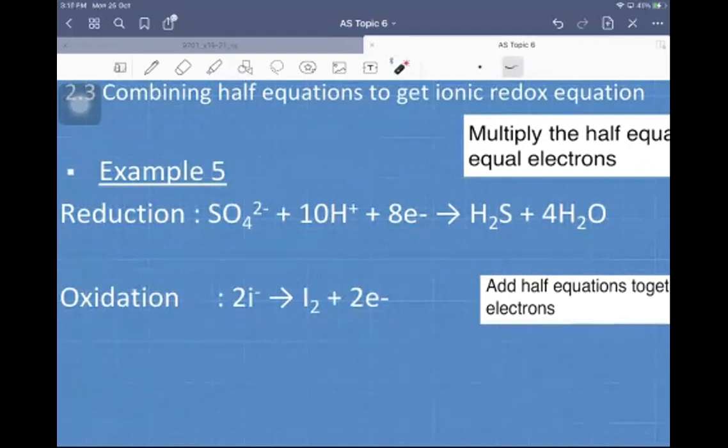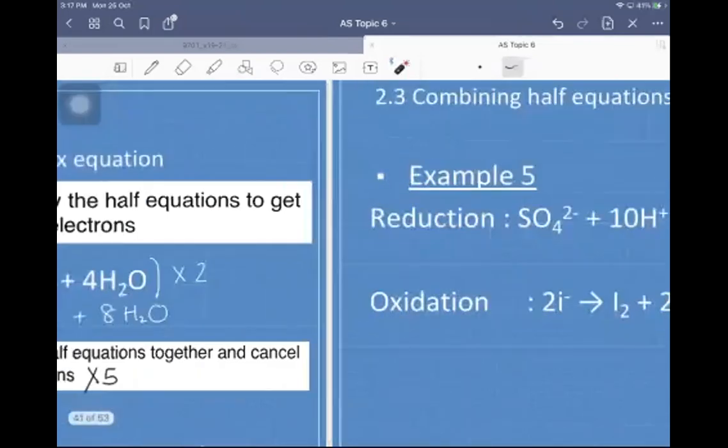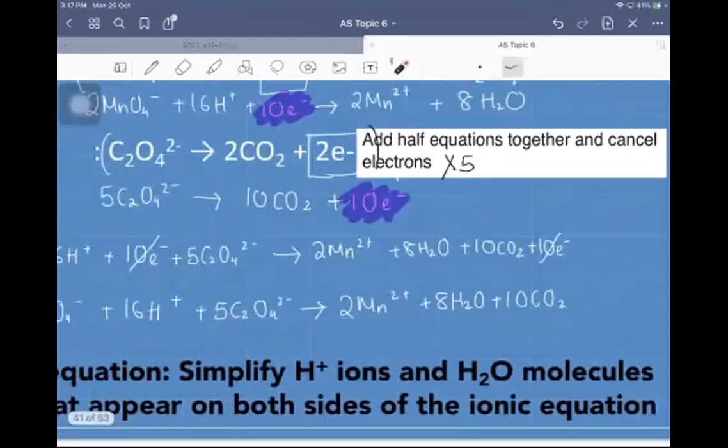Now, before you can combine these two half equations, you have to make sure that the number of electrons are equal. The reason is because you want them to cancel out later on. A full redox equation does not contain electrons. Perhaps I could add that on.